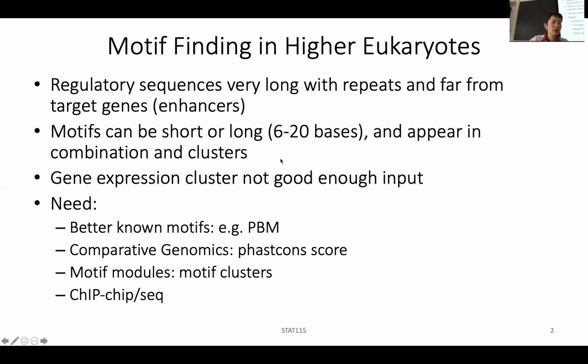In most cases, we don't have enough of these gene expression perturbations to give you a very good set of genes that are co-expressed. By the way, for the genes that are co-expressed in a cluster, we hypothesize that they may be co-regulated, but that is not always the case. Sometimes this transcription factor regulates something, but one of its children is also a transcription factor and they regulate other things.